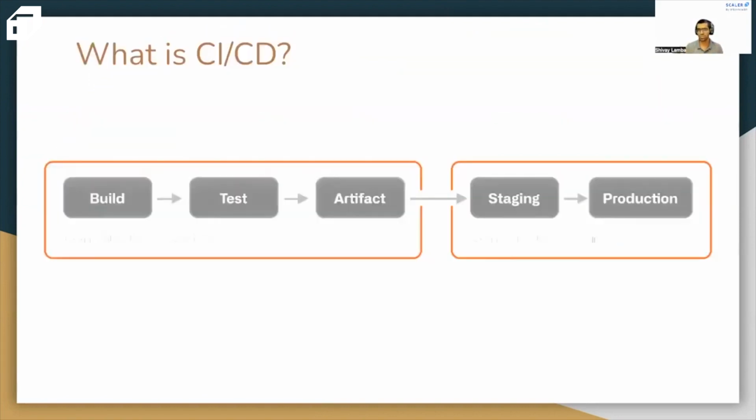And with respect to the deployment, once you've made sure that your code successfully builds and also passes all the different test cases that you have written for the code, then you can go ahead and push it to production. Of course, in case you're working on larger projects, you might have multiple environments inside your project. That might include things such as a development environment and a staging environment.